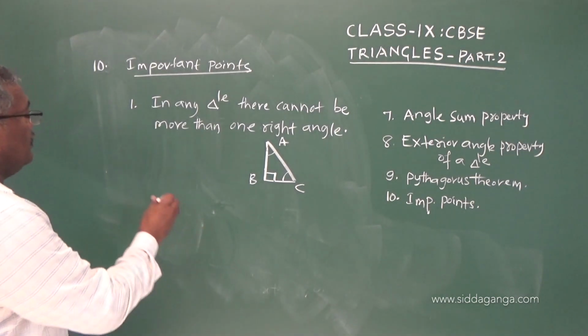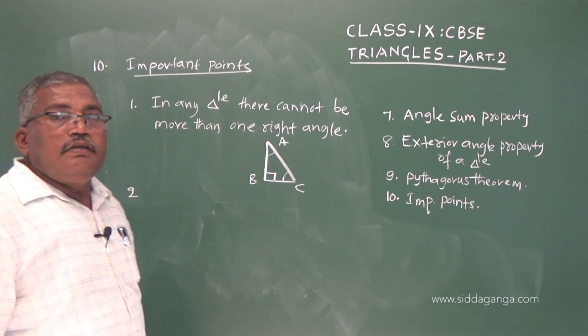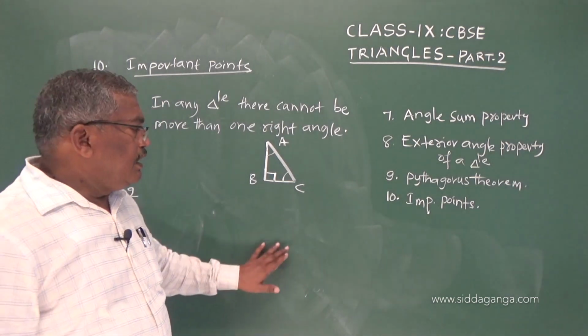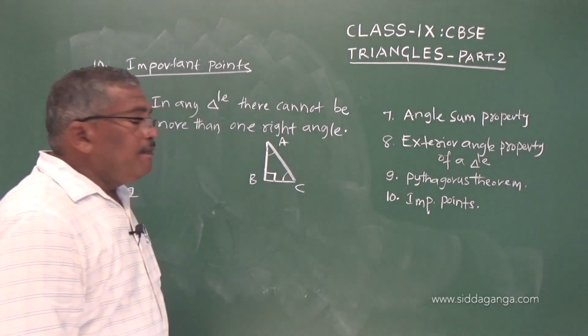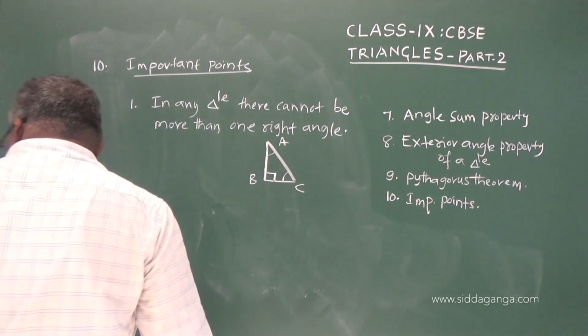Now the second one. Similarly, in any triangle, an obtuse angle means more than 90 and less than 180 degree. In that case also, only one obtuse angle can be there in any triangle.